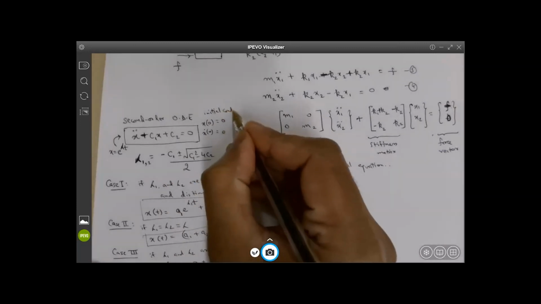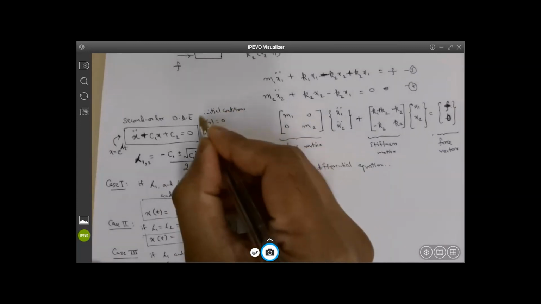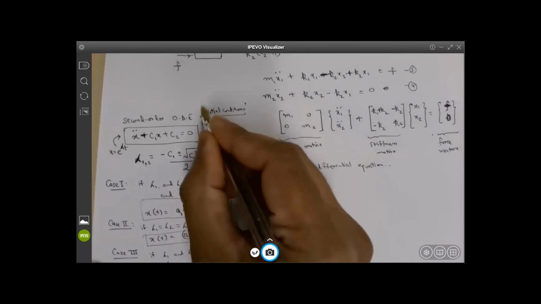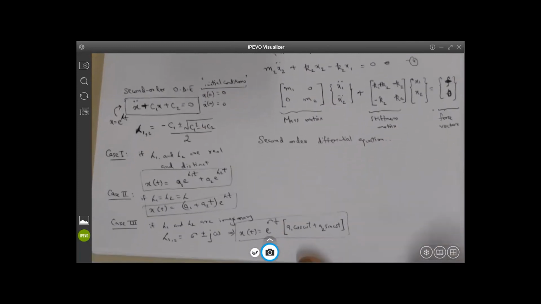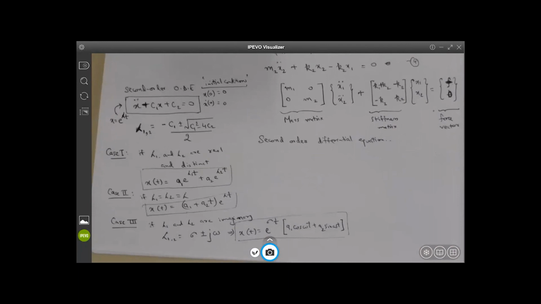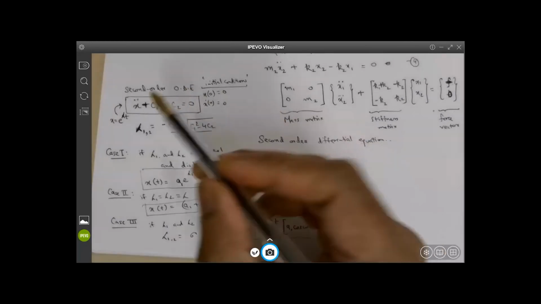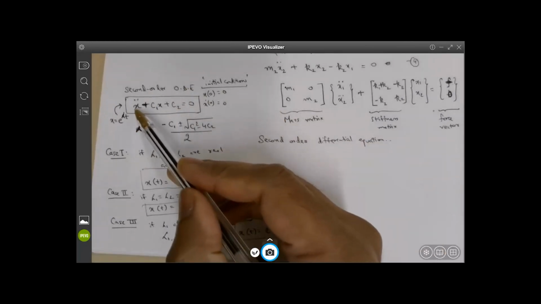Let me know if you are getting what I am trying to say. Are you guys with me so far? Yes. Okay. So this is when x is one single variable.